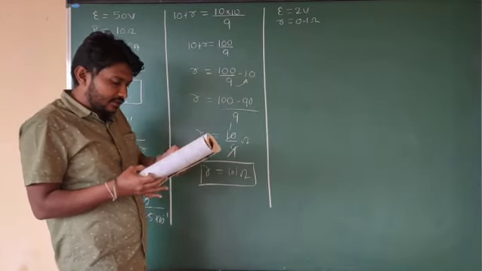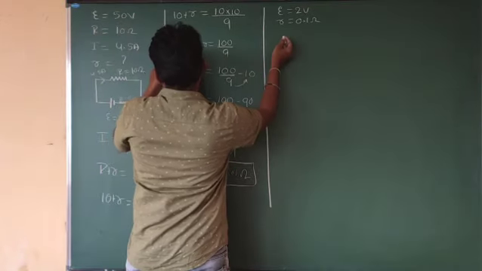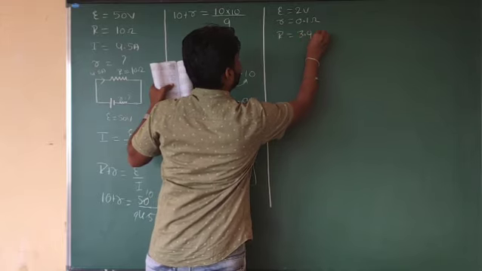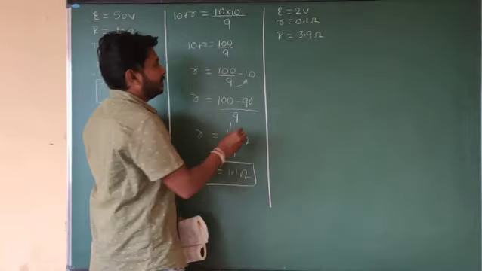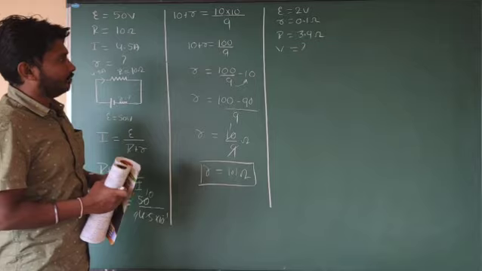Then the voltage across the cell will be what? One cell is there with an EMF of 2 volt and an internal resistance of 0.1 ohm, connected to an external resistance of 3.9 ohm. We are asked to find the voltage value, meaning the terminal potential difference, which is yet to be determined here.